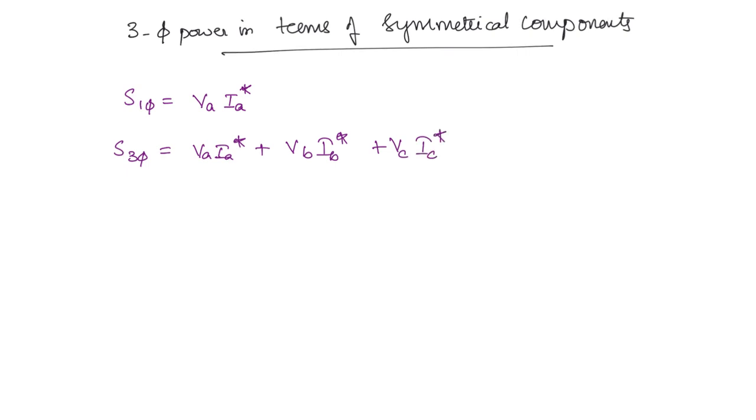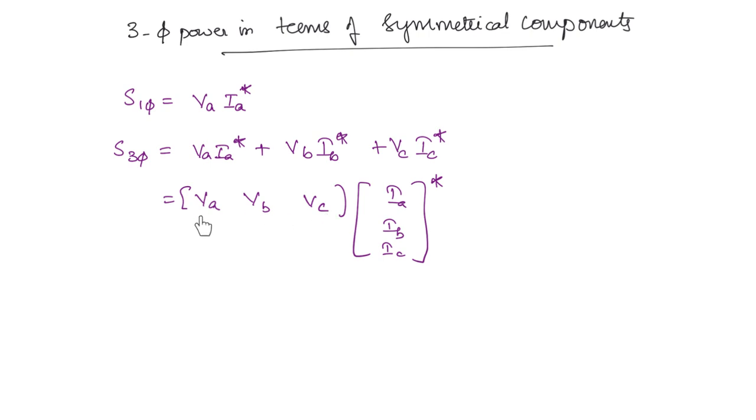Since we are dealing with unsymmetrical, unbalanced systems here, we are taking all of the three phases' power and adding them, instead of just writing 3 times this. Clear? Now you can write this as VA, VB and VC, and here you can write IA, IB, IC conjugate.